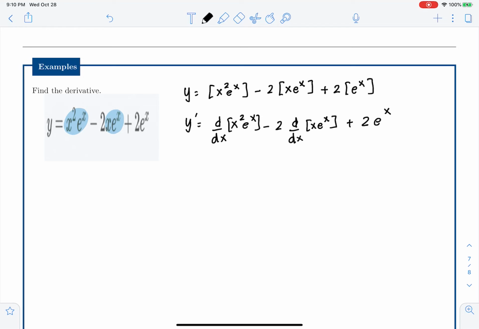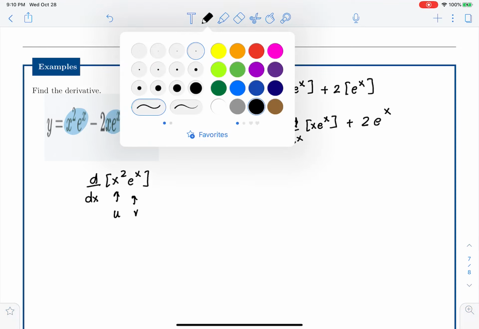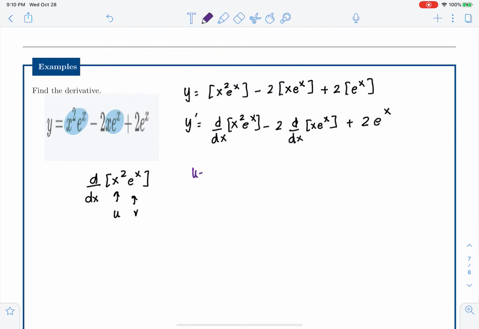Now, the derivative of x squared e raised x with respect to x would mean we have to use the product rule. u here is x squared, v is e raised x, u prime is 2x, v prime is e raised x.